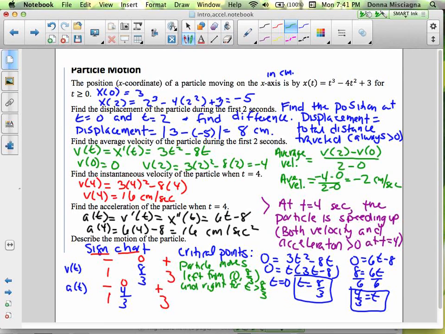We don't have a stopping point here. We weren't told that it stopped at some point in time. We're just told that t is greater than or equal to 0. The particle is speeding up.